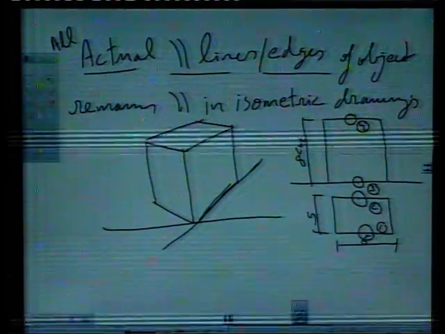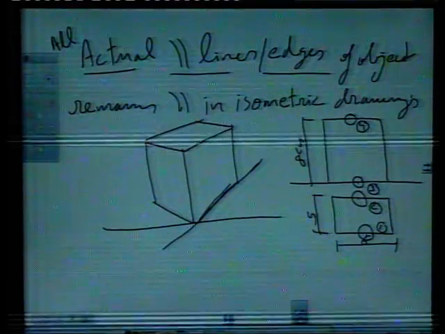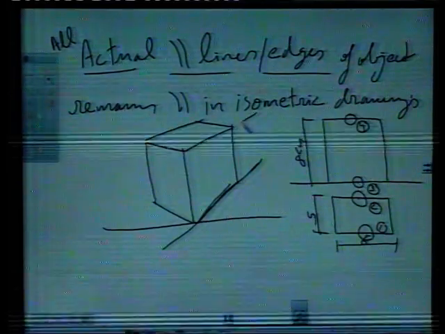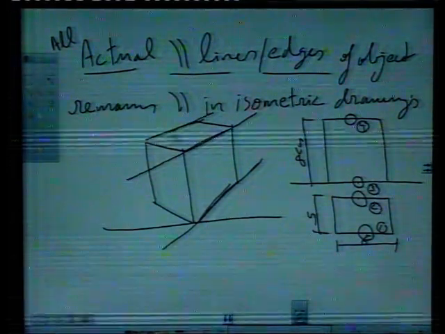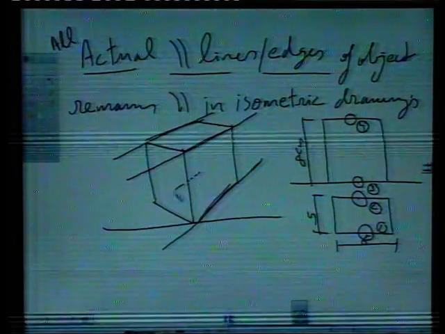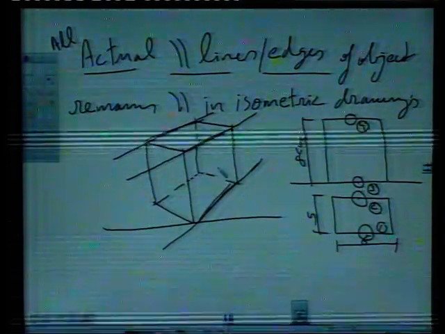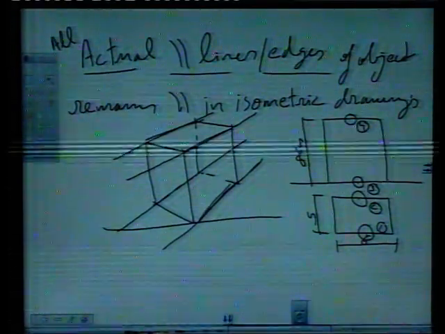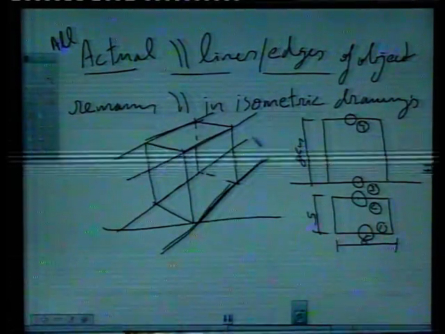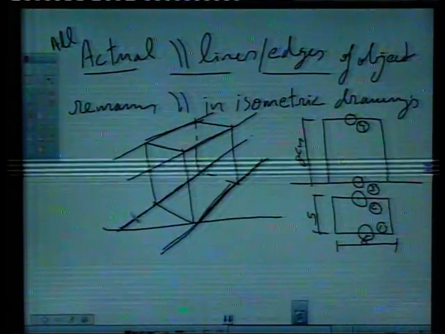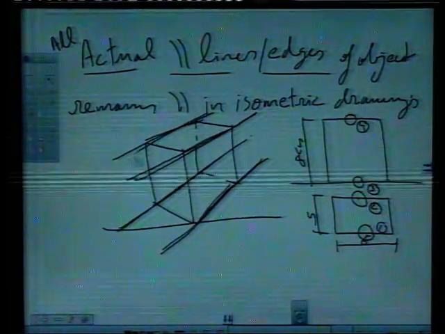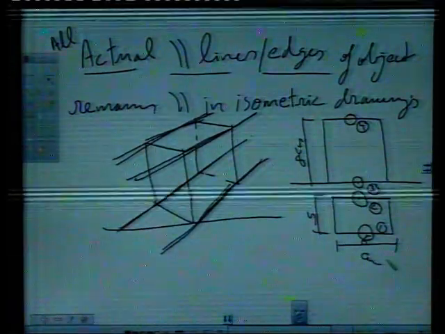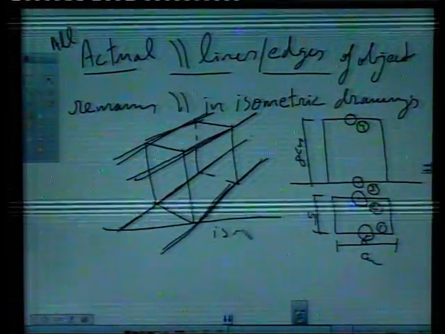Number 2 is not visible behind this edge. One edge is this, one edge is this and one edge will be hidden here, like this. 1, 2, 3 and 4. All these lines are parallel in orthographic drawing and parallel in isometric drawings.